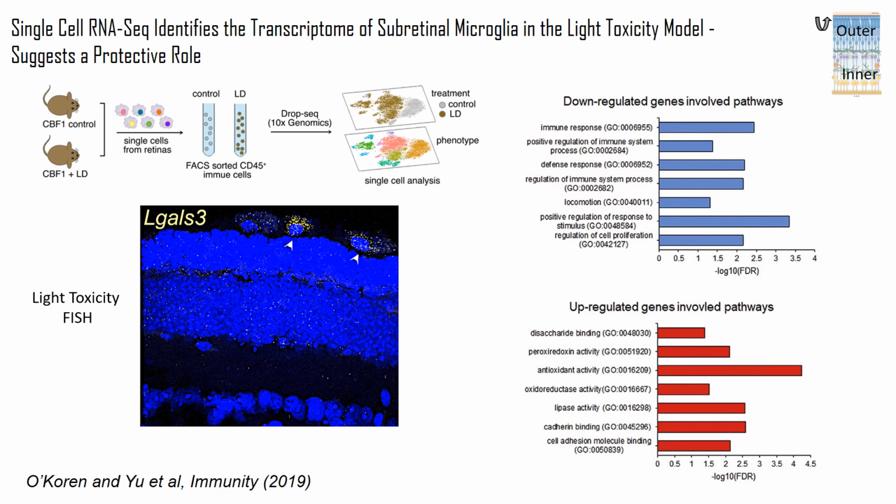By contrast, what was upregulated are pathways involving lipid homeostasis as well as phagocytosis, such as cell adhesion molecules involved in cell-cell contact and phagocytosis, as well as antioxidant pathways potentially helping with reactive oxygen species. So from these data, we have a potential picture that these subretinal microglia may be protective rather than pathogenic.